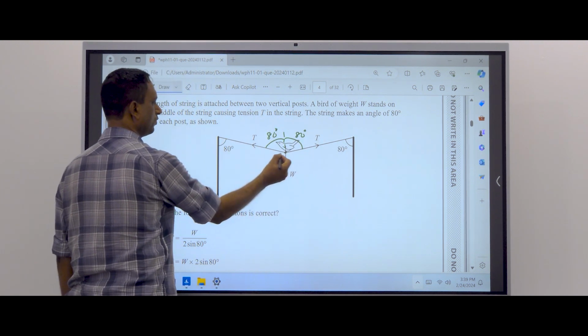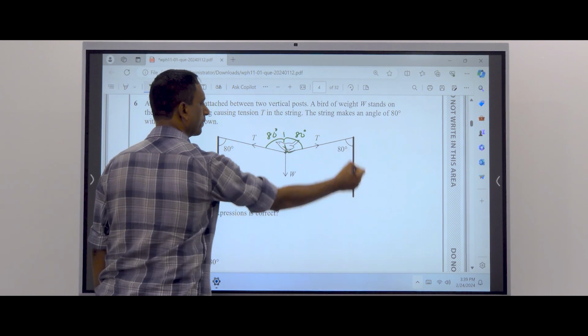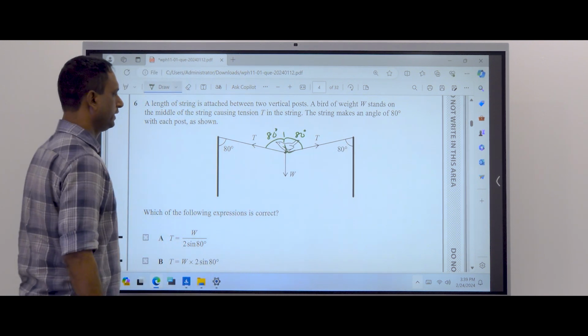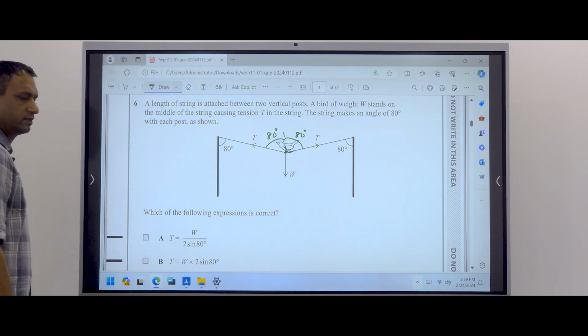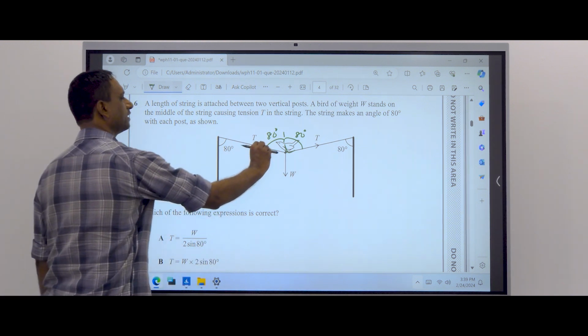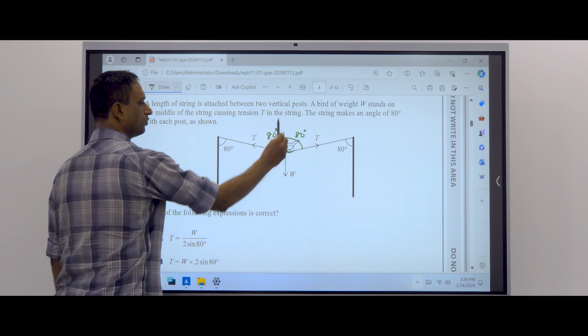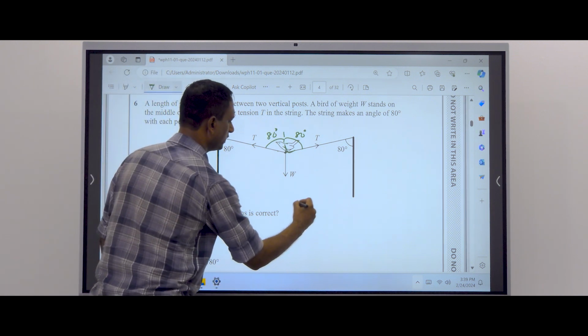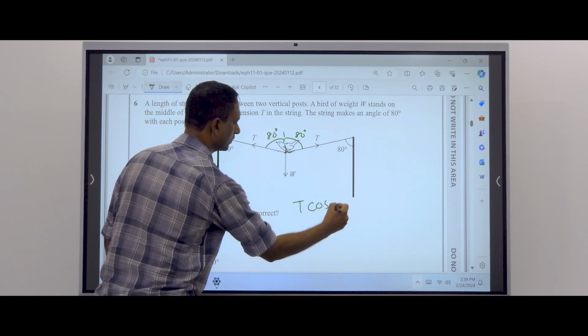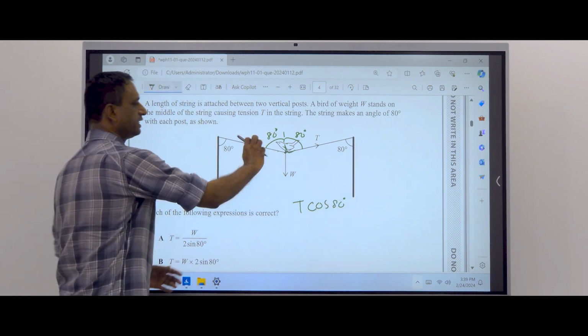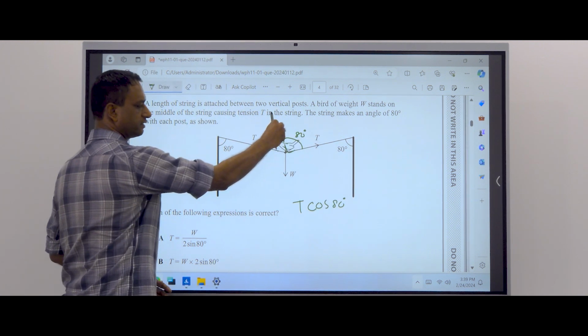So we see alternate angles like this. Then when you take the component, when you close the angle you get cos, and t cos 80, t cos 80 and another t cos 80.